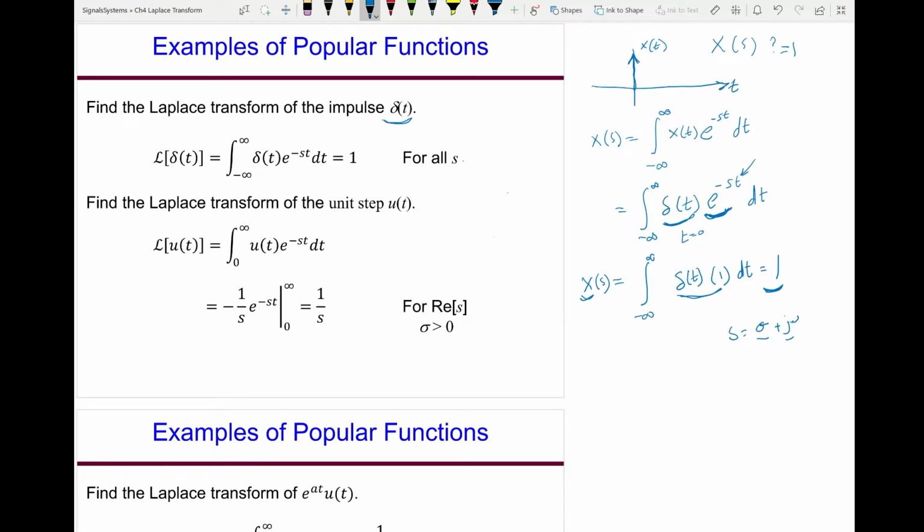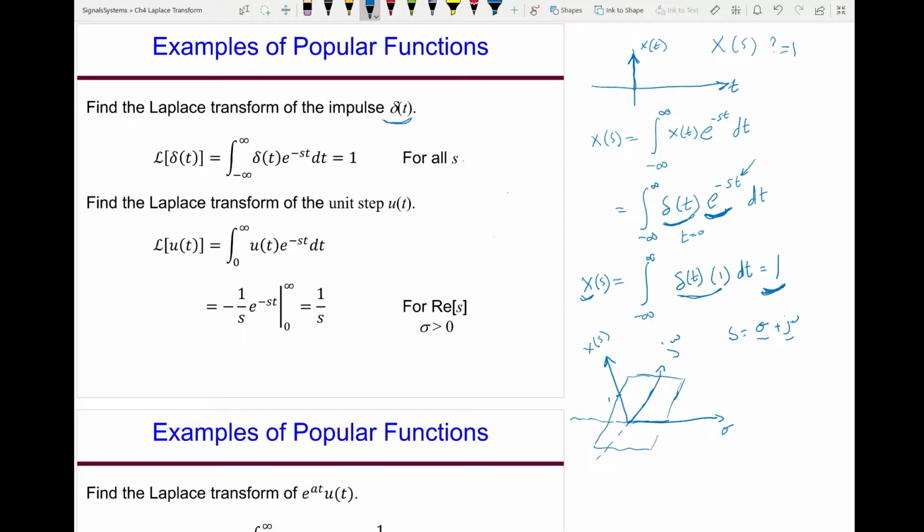So if I plot sigma here, j omega here, and this is x of s, then it will be just always 1, no matter what sigma is, no matter what j omega is. Let's plot this here and this is here. So that is 1, let's say. So it's going to be a flat surface like this.